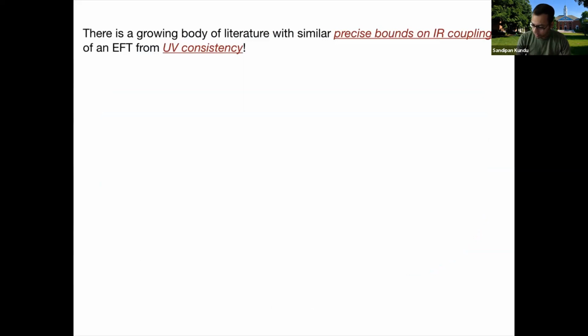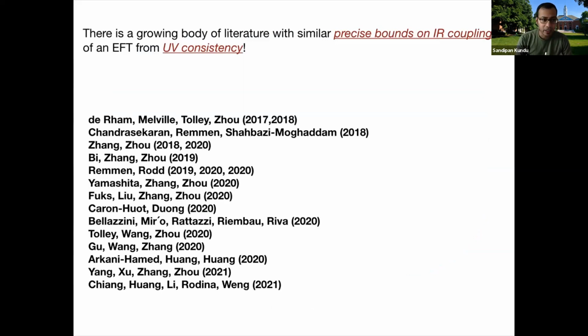Just to give you some idea, these are some of the recent bounds on IR effective field theories from UV consistency. This is not a complete list of all the references. I'm sure I'm missing some more recent references, but the important point is there are many such bounds.